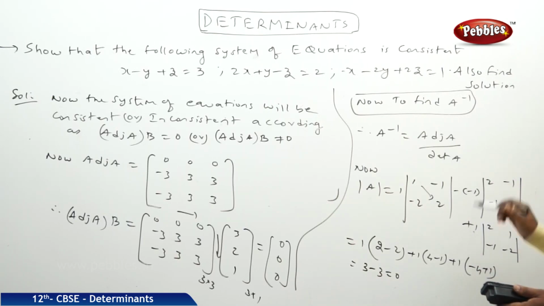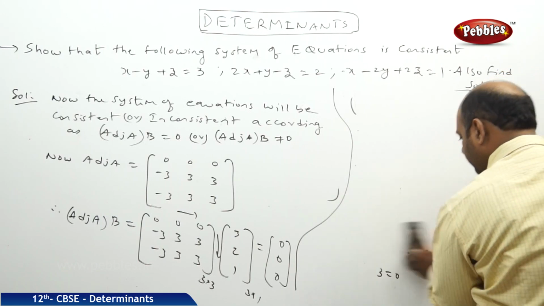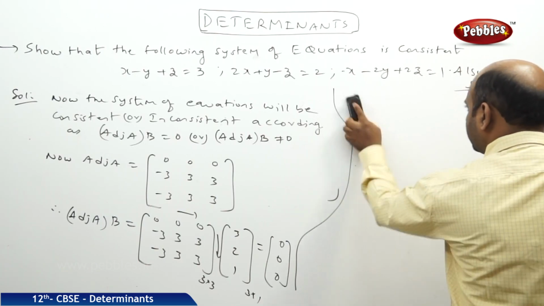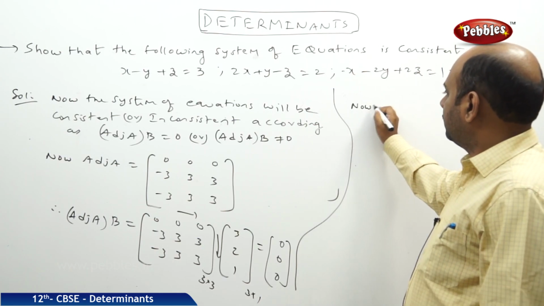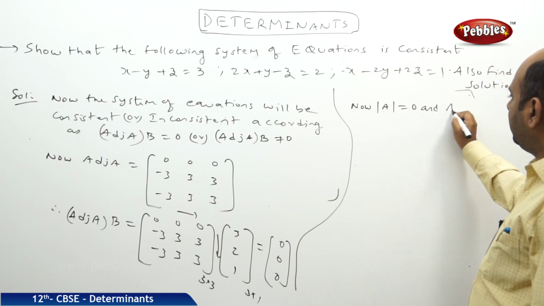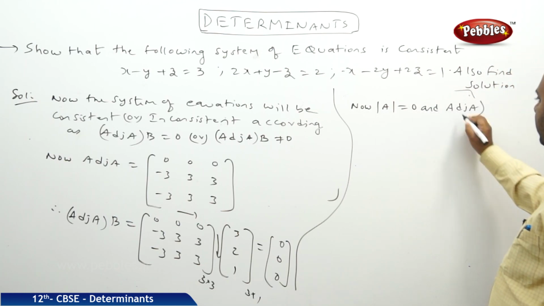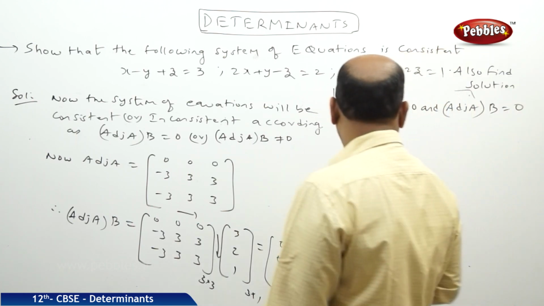So therefore what can I tell? Finally we can conclude like this. Now, that determinant of A we obtained as 0 and adjoint of A into B also we obtained as 0.